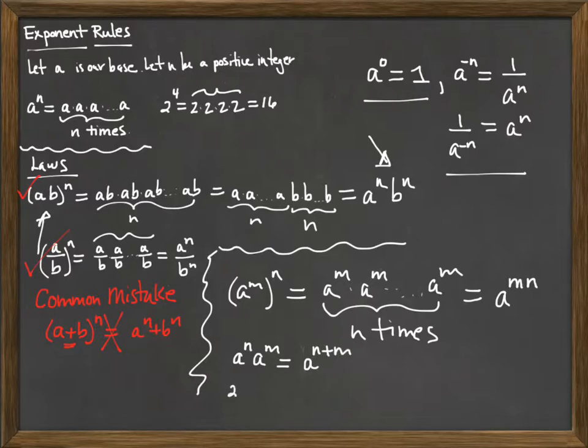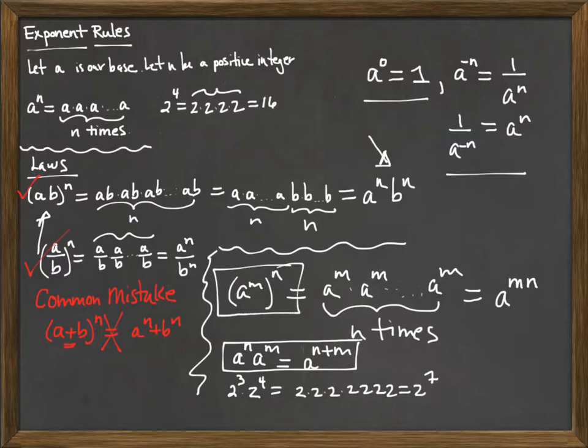If we have 2 cubed times 2 to the 4th, then we have 3 factors of 2 times 4 factors of 2, which gives me a total of 7 factors of 2, or 3 plus 4. So that's an important one. They're all important.